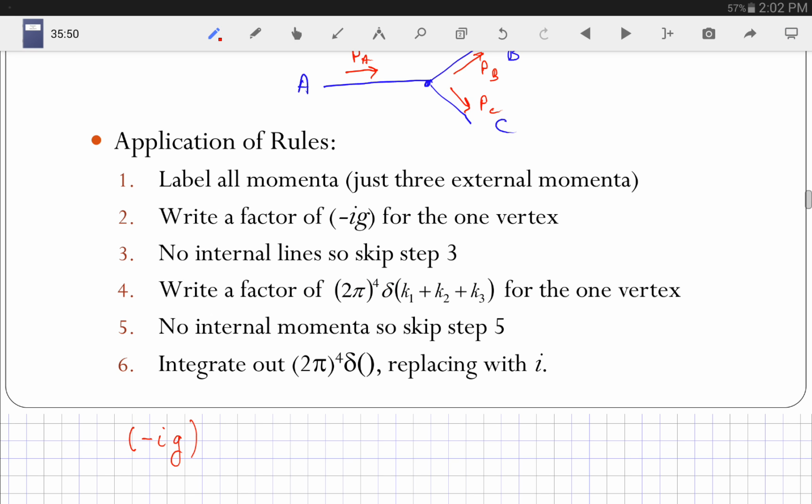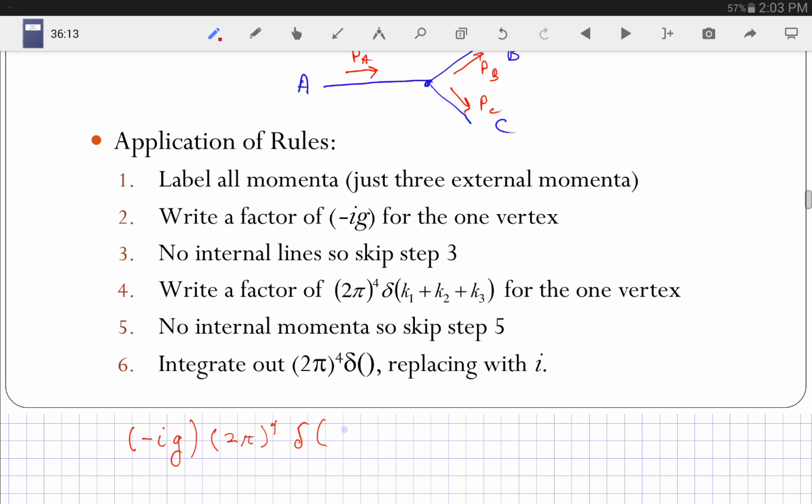Rule 4, write a factor of 2 pi to the 4th power, delta, and then the k's are the momenta. You pay attention to the direction of the arrows to decide if it's positive or negative. At my one vertex, the one coming in is positive. Which one's coming in at my first vertex?